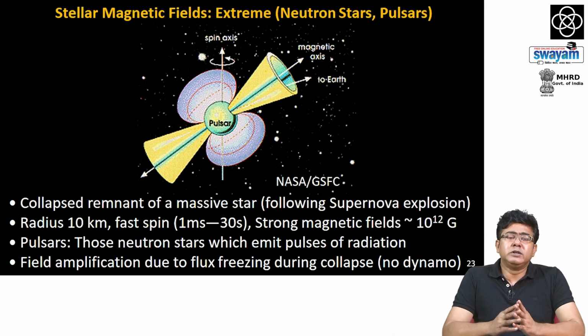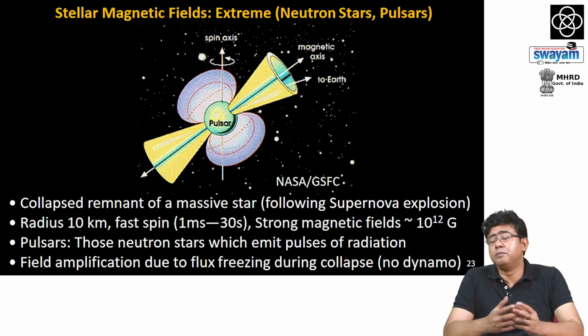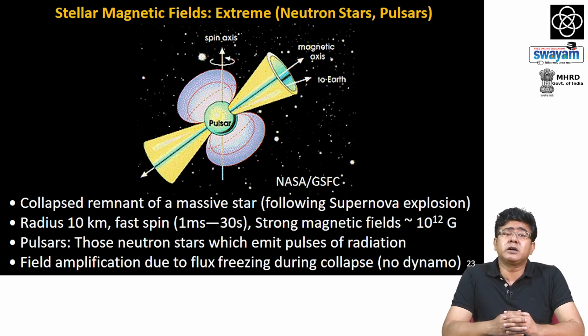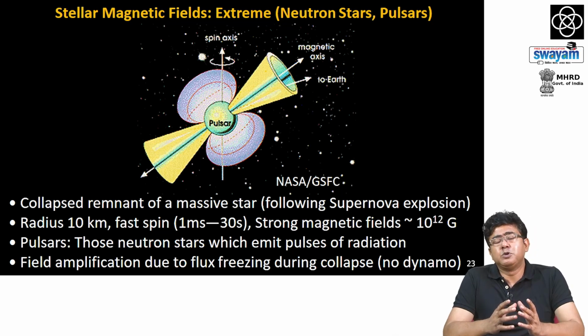In the case of pulsars or neutron stars, we do not see much variability in the magnetic field amplitude or distribution, and it is thought that these fields are pretty much constant over very long time scales, comparable to the evolutionary time scale of the system. Therefore, they are not a product of dynamo action, but rather a product of the collapse of a much more massive star with a smaller magnetic field into a much more compact star.